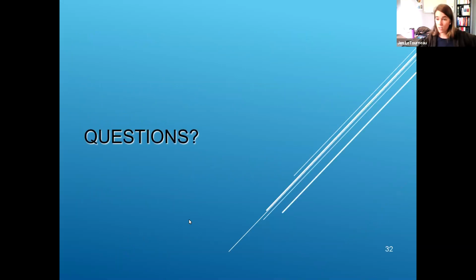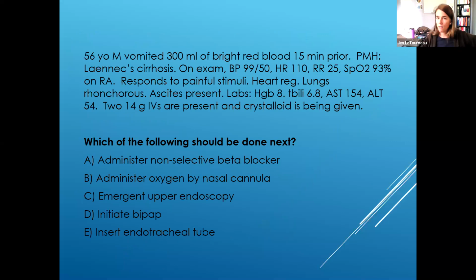While you're thinking of questions, here we go. 56-year-old male, something you'll see all the time. Vomits 300 mils of bright red blood 15 minutes prior to you being called to come to the bedside. Past medical history is consistent with alcoholic cirrhosis. He's got a blood pressure of 99/50, heart rate 110, respiratory rate 25, saturation 93%.